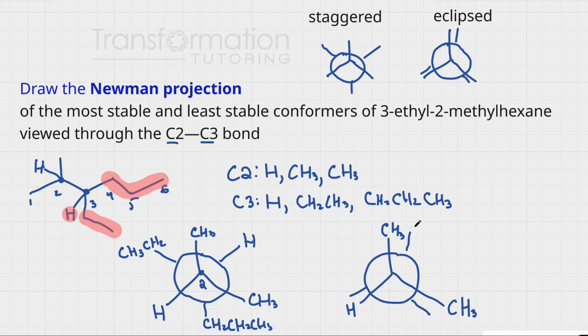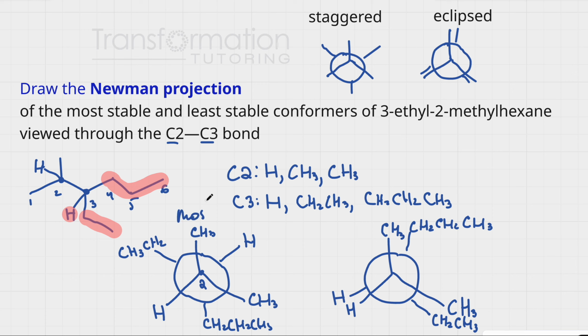So this is a methyl group, and I'm going to put the propyl group right next to it, CH2, CH2, CH3. This is a methyl group, and I'm going to put my ethyl group right next to it, CH2, CH3. And this is a hydrogen, and the only group that I have left is a hydrogen. This is the most stable conformation, and this is the least stable conformation.